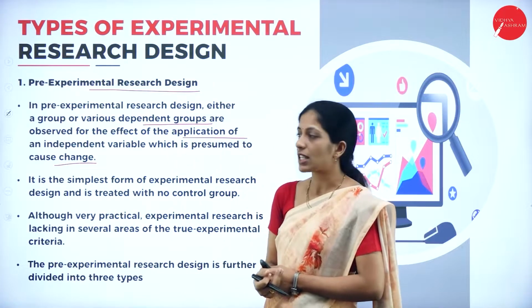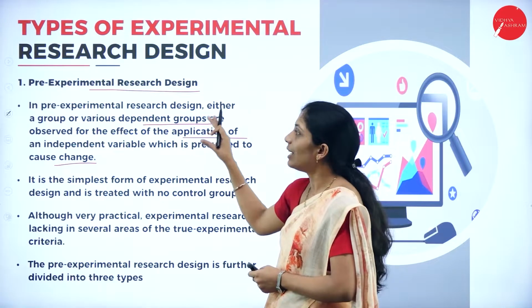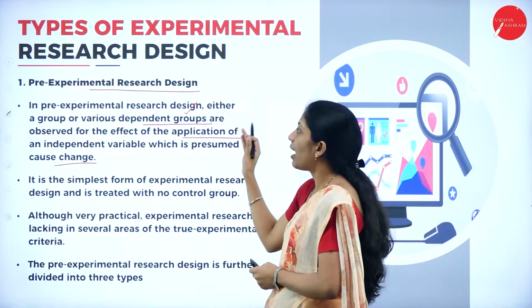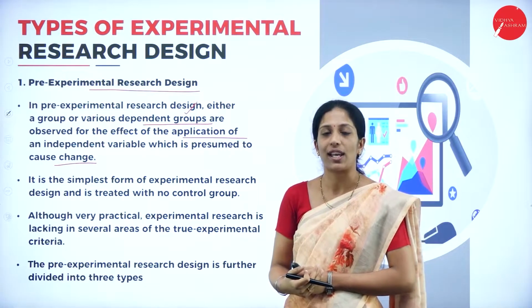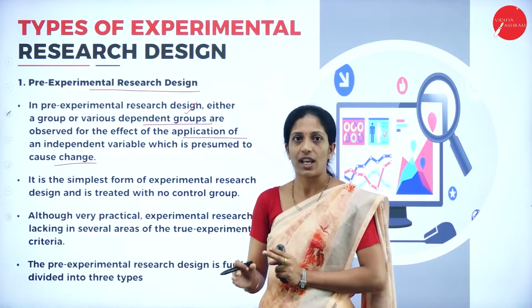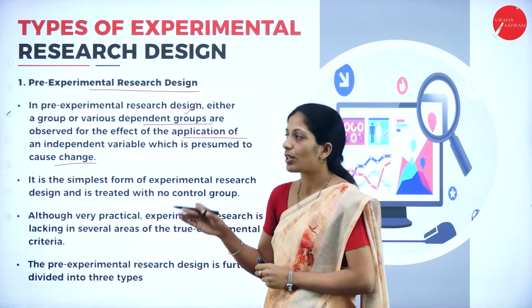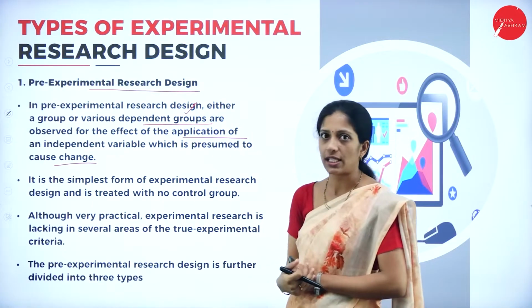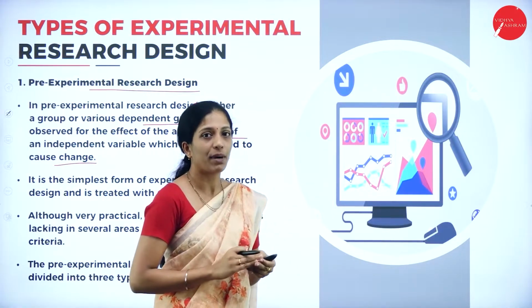Under pre-experimental research, they are going to see the various aspects relating to the dependent group, observed for the effect of application of the independent variable, and that is what we observe under pre-experimental research design.